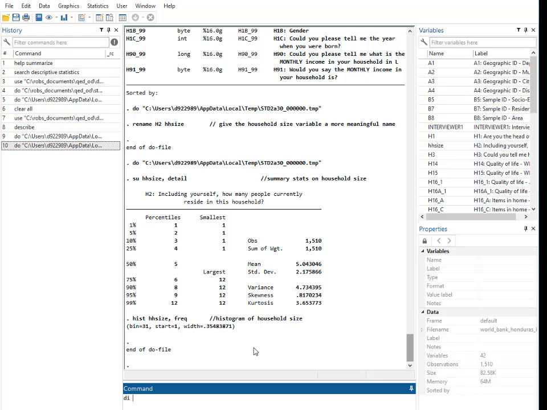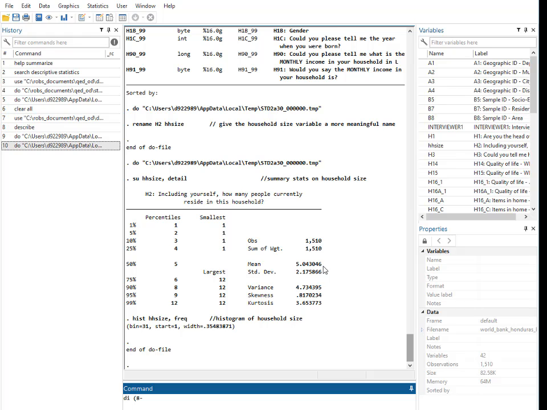Now, if you put di, that basically just displays the result of whatever you put in on the screen. So basically it means you can use Stata as your calculator. But it's better than that because it's already got those numbers we want to use in there. So if I put in here 8 subtract, instead of typing in this thing here, it's already saved in Stata, and it's saved in what's called the results.